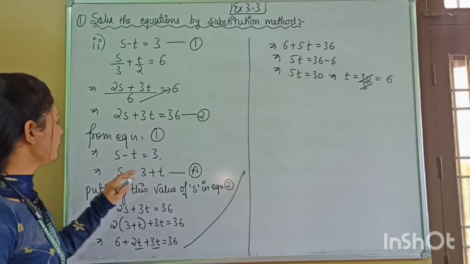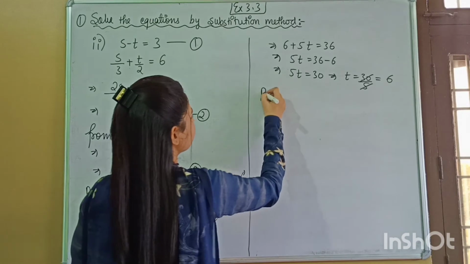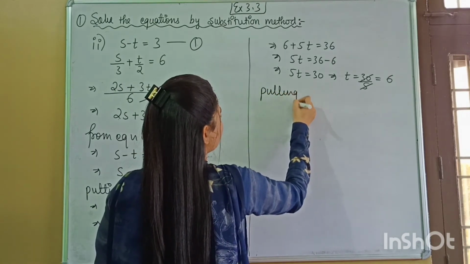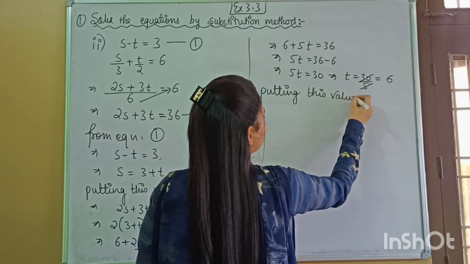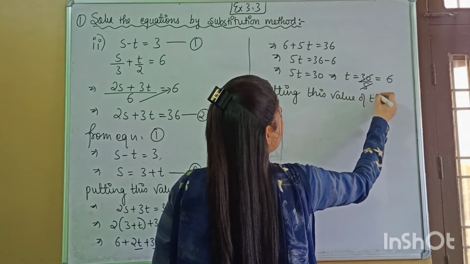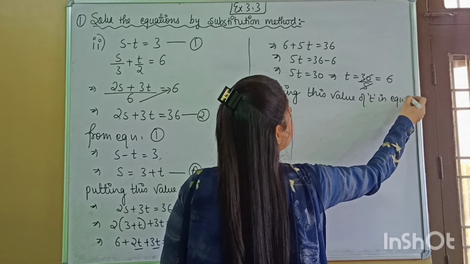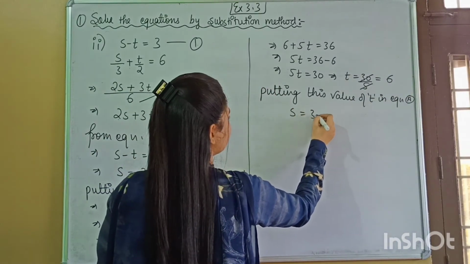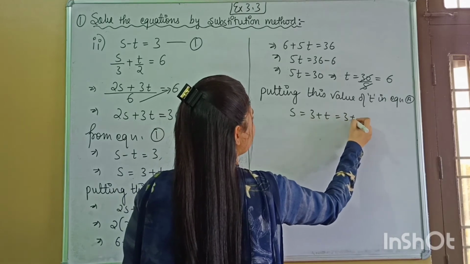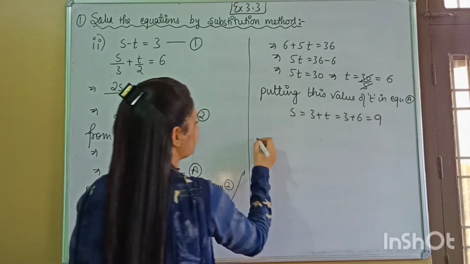Now putting this value of t in equation A, we will get the value of s also. So we get s is equal to 3 plus t, that is 3 plus 6 is equal to 9.